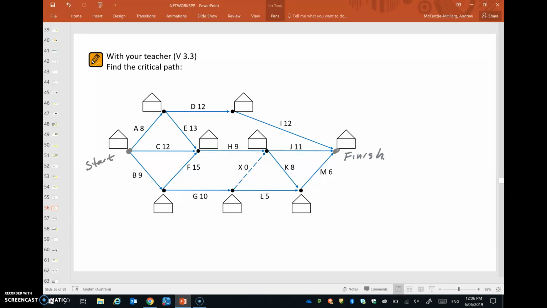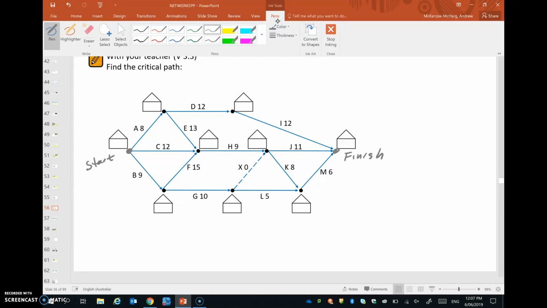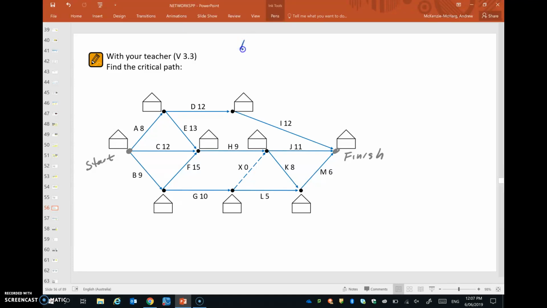Now this involves an algorithm or a process where we start with a forward scan, which will be from left to right through the network, from the start to the finish, where we want to find the longest way to get from one vertex to the next.